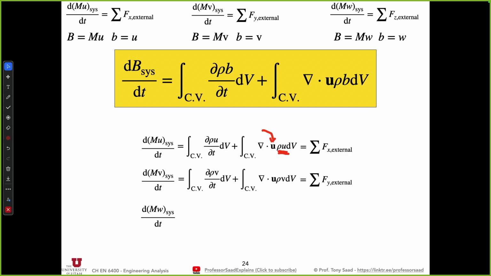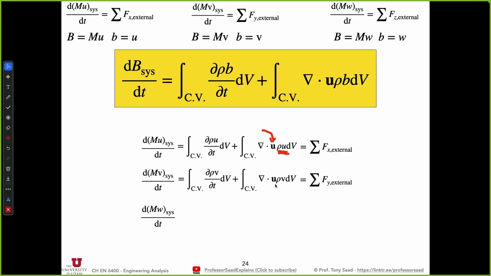Yep, correct. So that's the integral over the control volume of the rate of change of rho v over time, that's a partial, plus the net flux through the control volume, div u rho v dV.